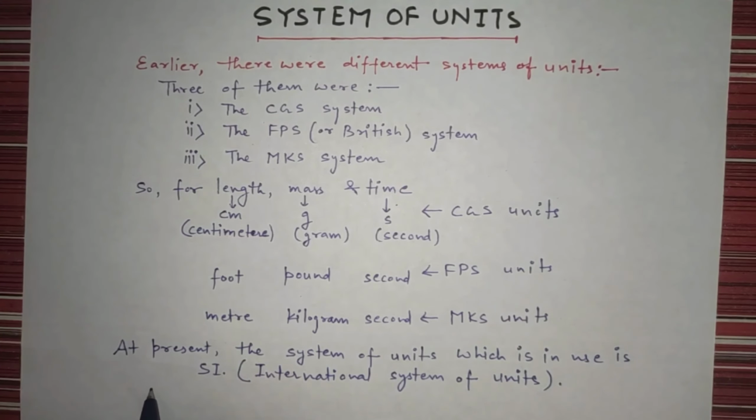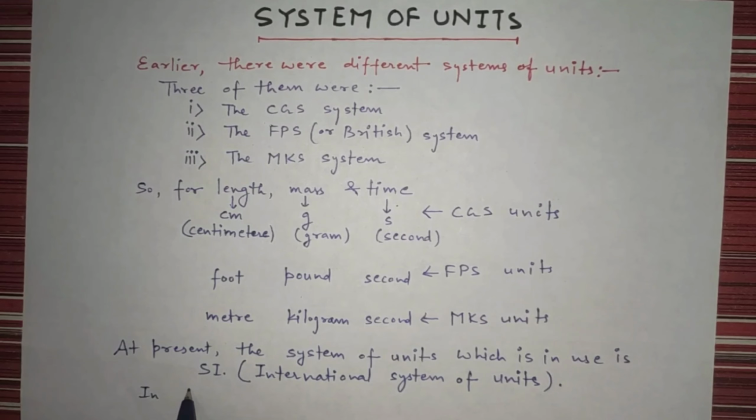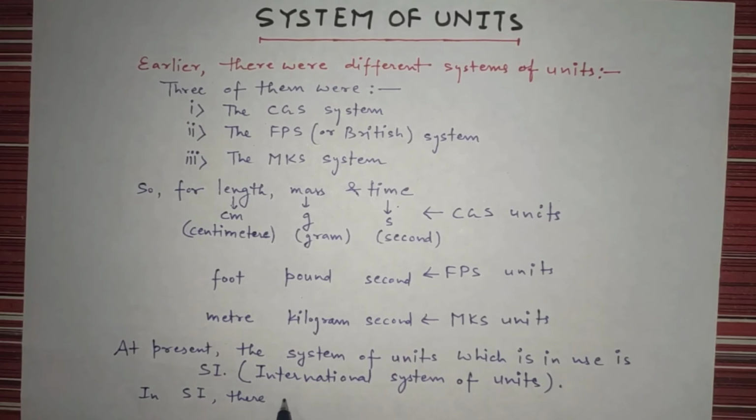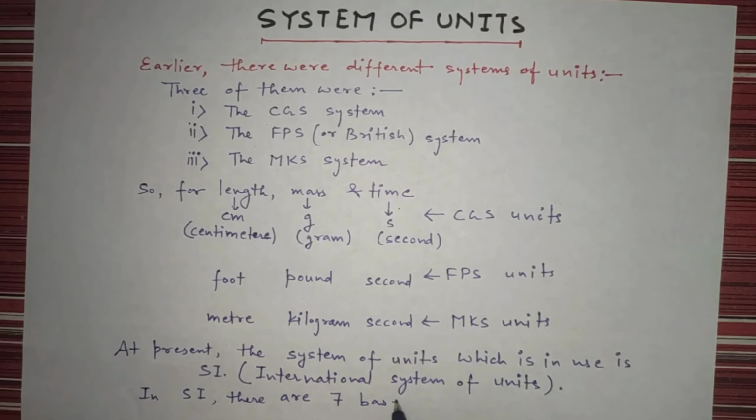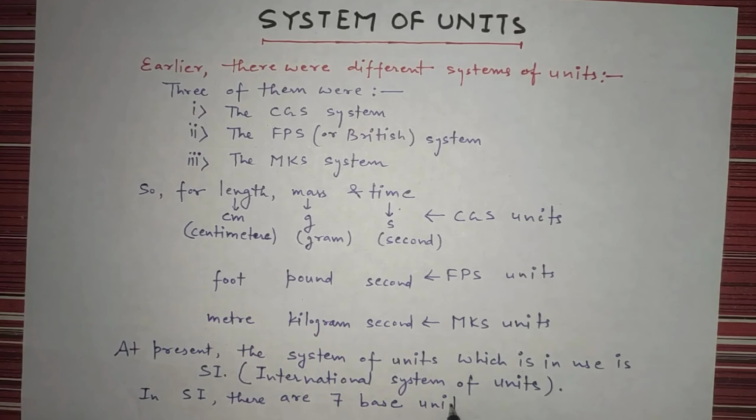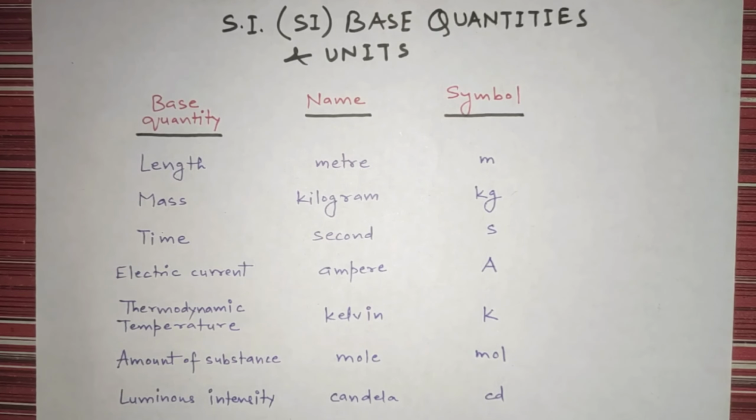In SI there are 7 base units. At first we are going to see SI base quantities and units.